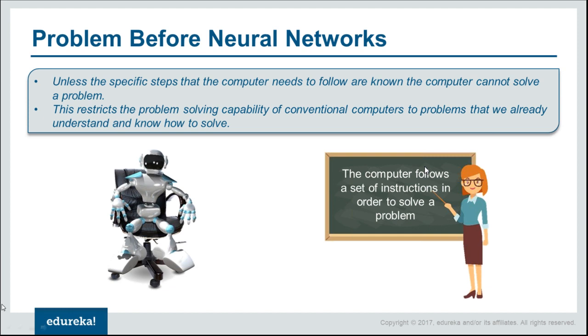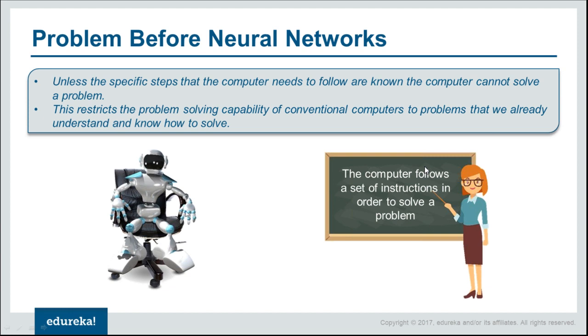This restricts the problem-solving capabilities of conventional computers to problems that we already understand and know how to solve. We human beings solve lots of problems. We are able to recognize the faces of the people around us, and we remember numerous people.